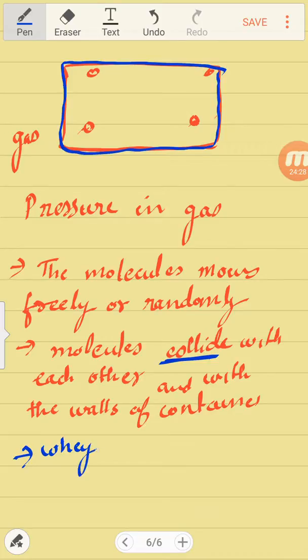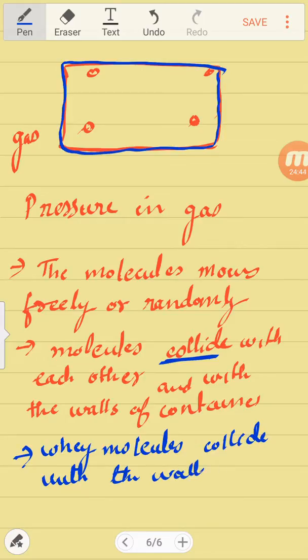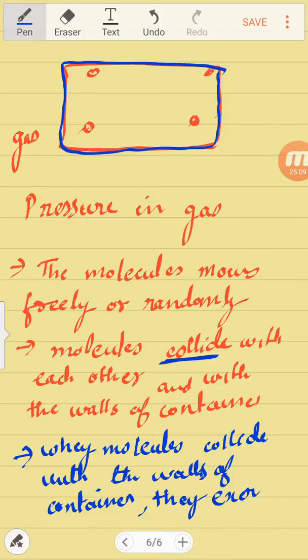When molecules collide with the walls of the container, they, which means molecules, exert, the word exert, a force.